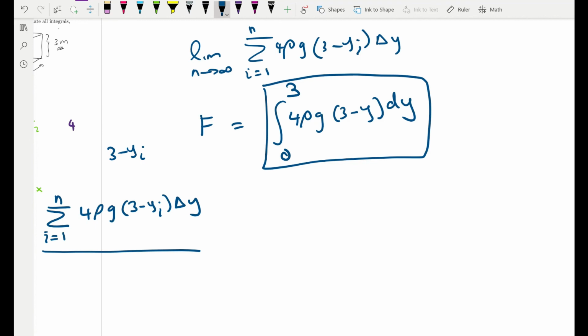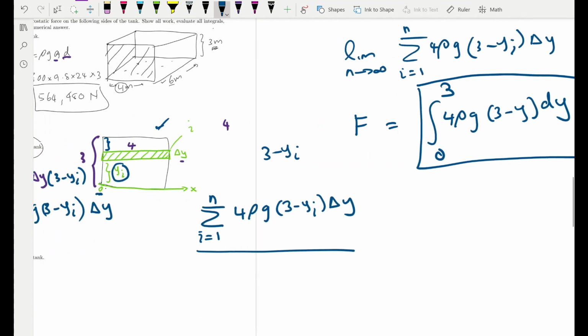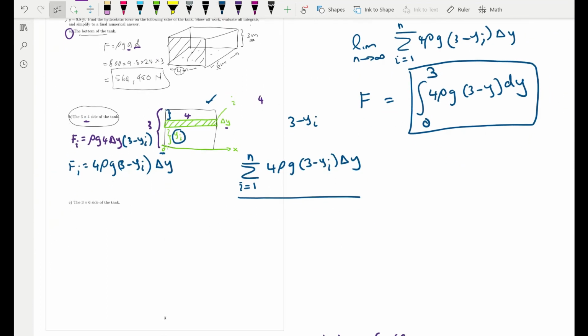So the idea is you divide it up into slices and then add the contributions. It's an infinite summation. When you take the limit of the finite summation as n goes to infinity, you get the integral. I'm not going to solve the integral, that's not the point of this lesson. I'm only focused on setting up the integral.